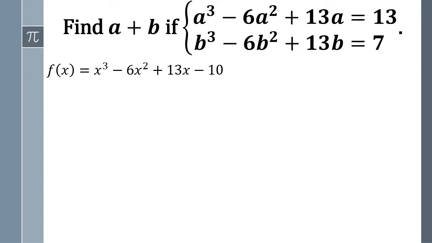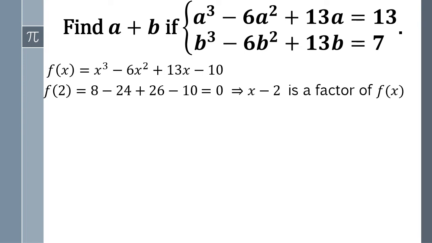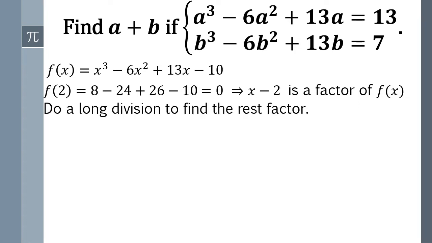Then, by using the same lemma that I just mentioned above, I'm checking if any factor of 10 is a solution of f(x), and I found out f(2) equals 0. That means x minus 2 is a factor of f(x). Then I need to know what's the other factor of f(x). Well, this can be done by doing a long division.